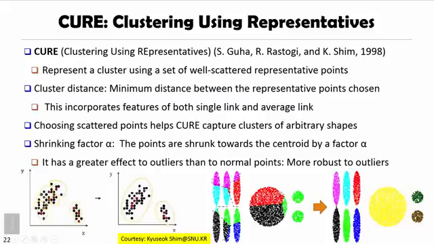However, using CURE, we will be able to find very nice groups of points. You can see all these shapes, with points closer together, even though it is not a spherical shape. You still find very nice clusters. That's the power of CURE.